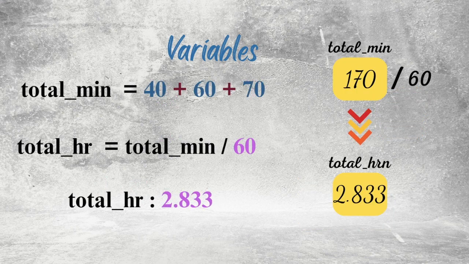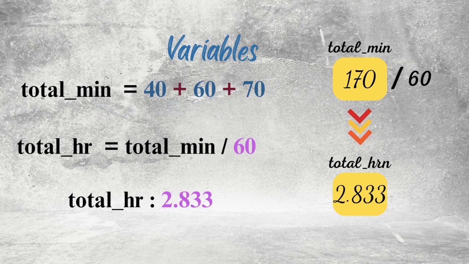Let's imagine we want to translate the minutes into hours in the music dataset below. Total minutes is the name of the variable that holds the total number of minutes.